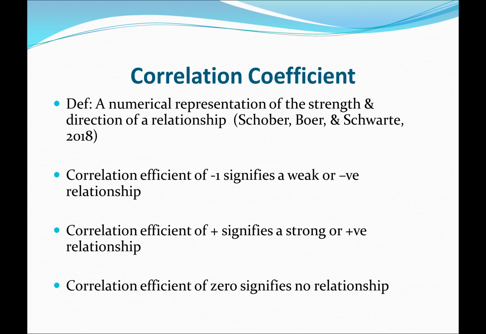So there's a correlation coefficient, which is a numerical representation of the strength and direction of a relationship. So instead of drawing a scattergram, the correlation can be expressed numerically, such as a coefficient ranging from -1 to +1.